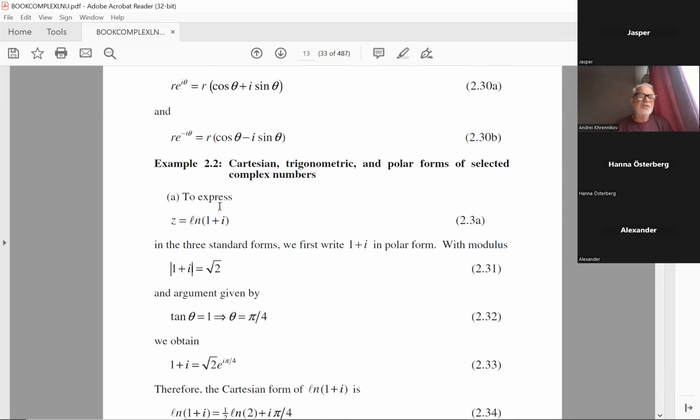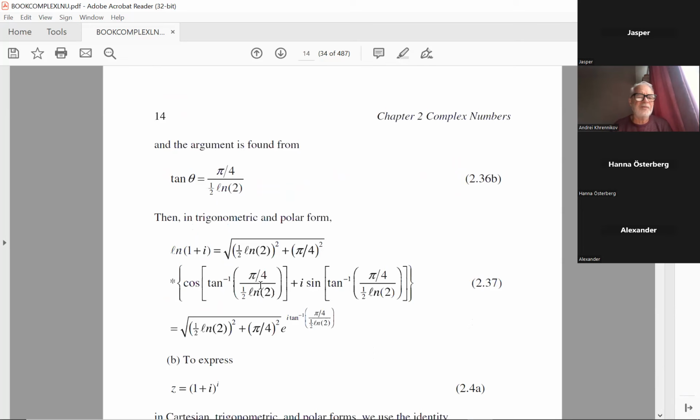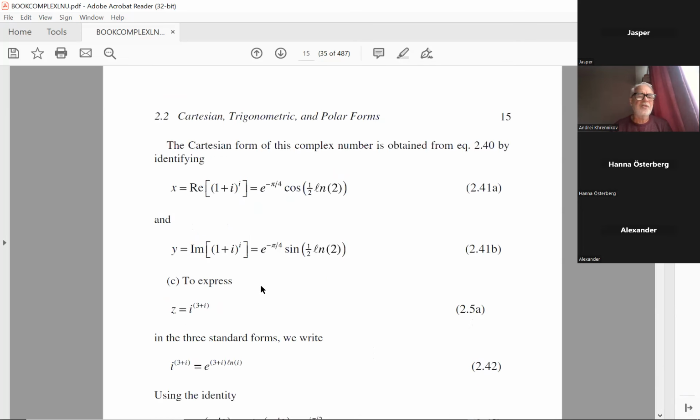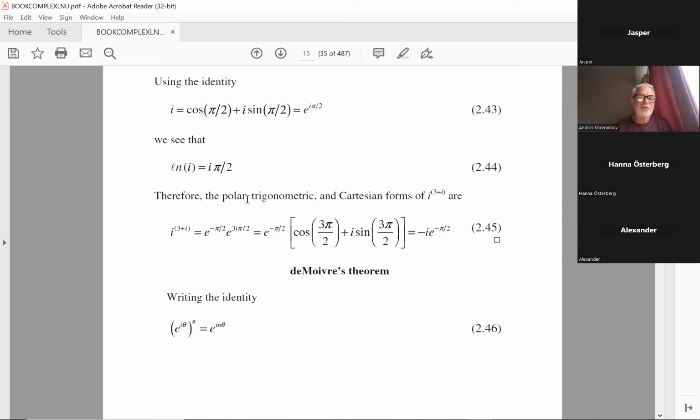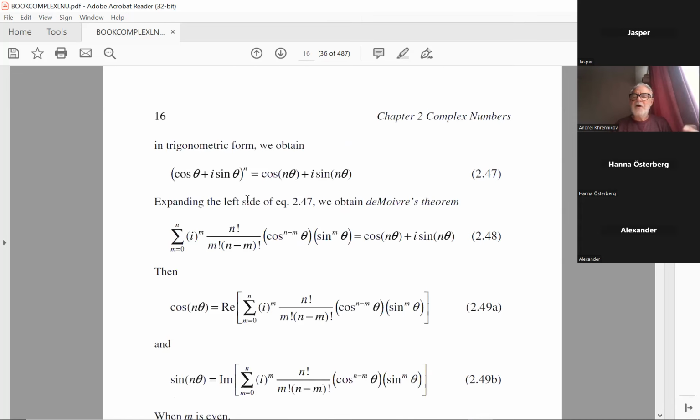Again, the examples are not so great. With this logarithm, maybe in the next lecture we shall solve many problems, which are not so advanced, because it's not the simplest complex number to start working with the polar formula. Moivre's theorem: very often complex analysis is applied to prove something in real analysis.